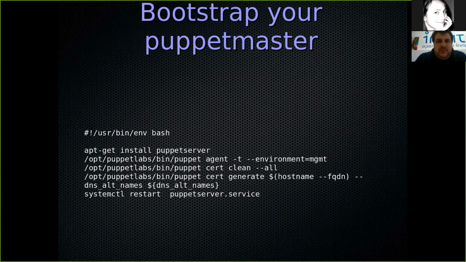So how do we bootstrap this Puppet master? That's basically a simple script. I'm building here a Debian machine. We go apt-get install server. First of all, we create our certificate. Then I need to clean it, because in Azure, like any other cloud, we get a user host name that is not really memorable.